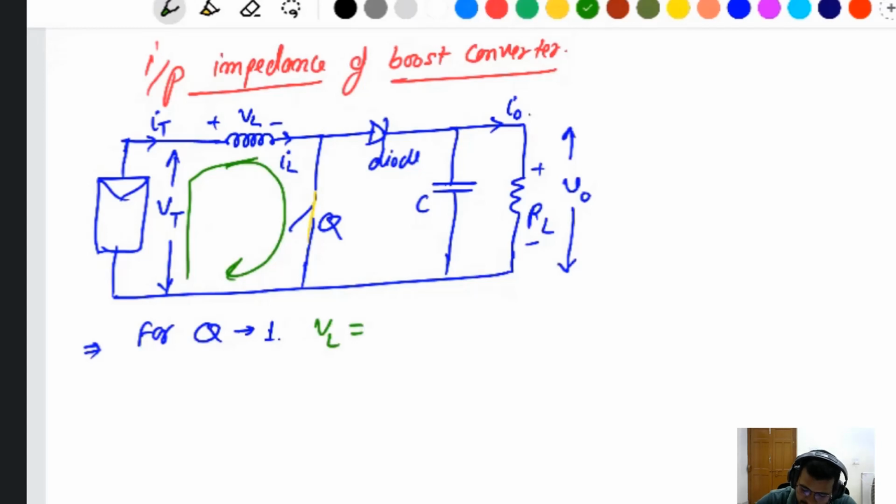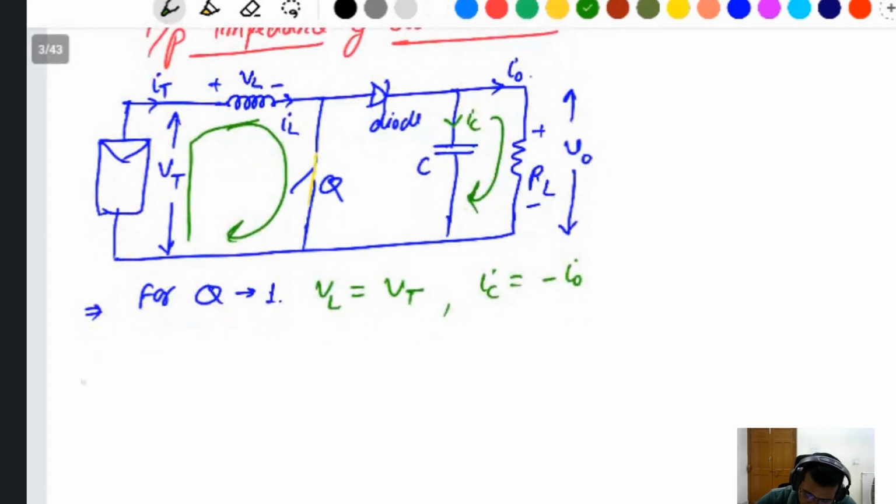VL is the same as VT. And this current IC is the minus of I naught, because this current flows in the opposite direction. This diode is reverse biased.